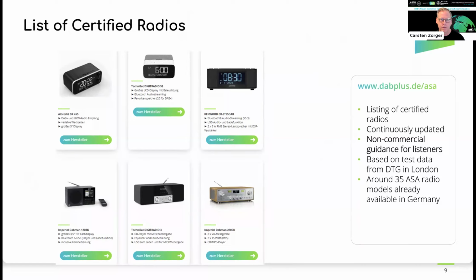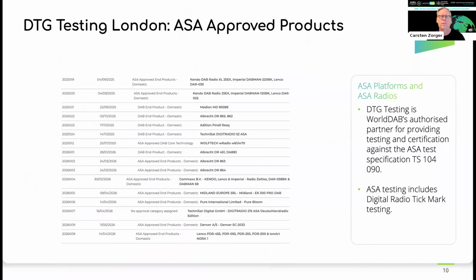And this, of course, now with the service coming in a minute, it's like a circle. We have now the service, we have the radio, we'll be on air with it very soon. This is a listing of the tested end products by DTG London, which is neutral, and you might know them from the digital radio tick mark. So we put the ASA testing on top of the digital radio tick mark testing.